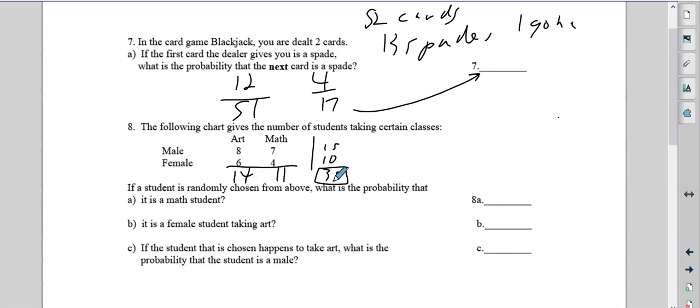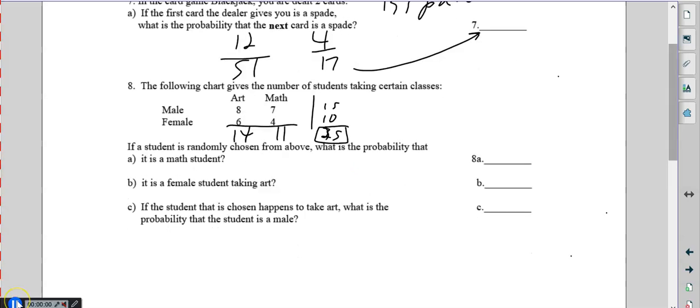Or let's see, I meant to say 10, that means 25 students. Numbers are hard. If a student is randomly chosen from above, what's the probability that it is a math student? Okay, well, there are 35 students total, so that's our denominator, right? And there are 11 math students, so there's 11 out of 35 chance it would be a math student.